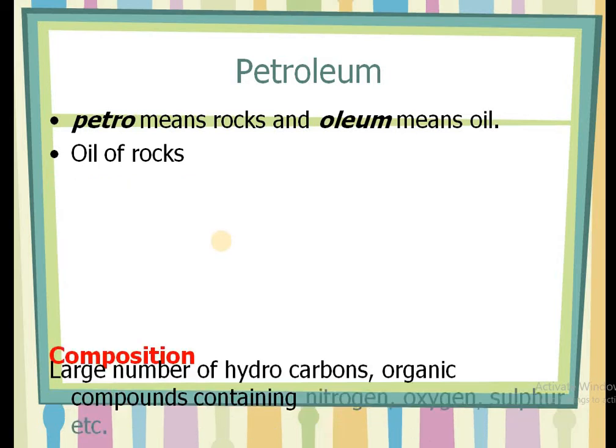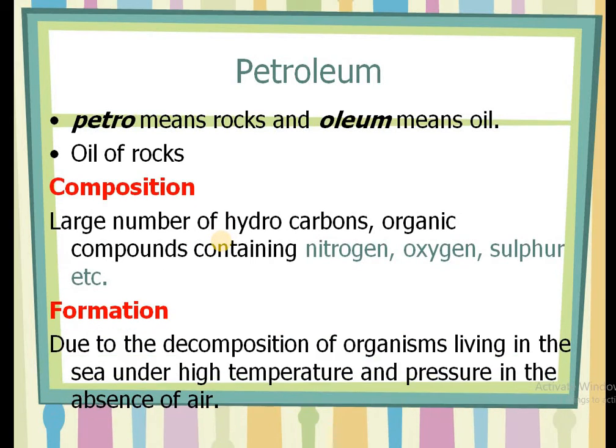Now, how is it formed? As we studied earlier, coal and petroleum are formed due to the decomposition of living organisms in the sea under high temperature and pressure in the absence of air. It is a thick, dark, combustible liquid made up of hydrocarbons, that are compounds containing only hydrogen and carbon.